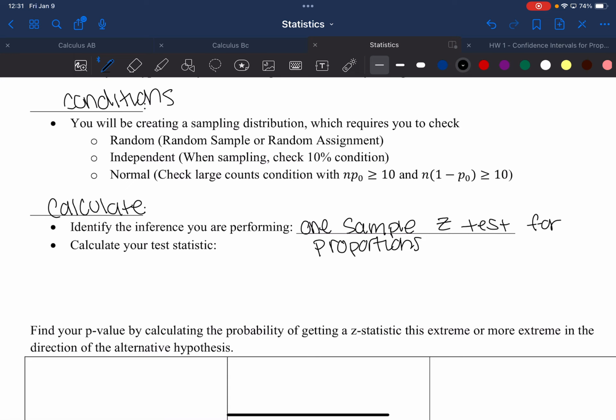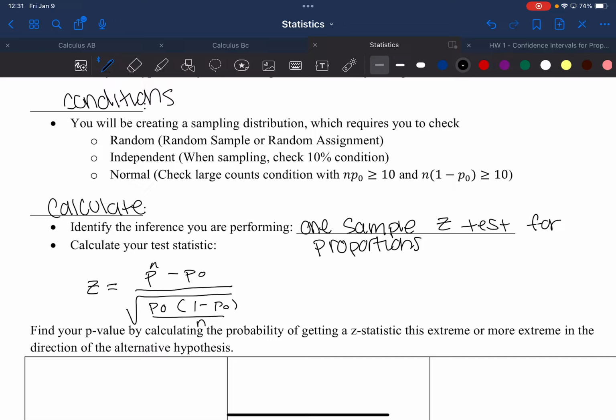In this case for the test statistic Z, if you were to write it in the formula, it would be Z is equal to P hat minus P naught divided by the square root of P naught times 1 minus P naught all over N. Again, P naught is your claimed value. P hat is the value you get after you run a simulation or experiment.